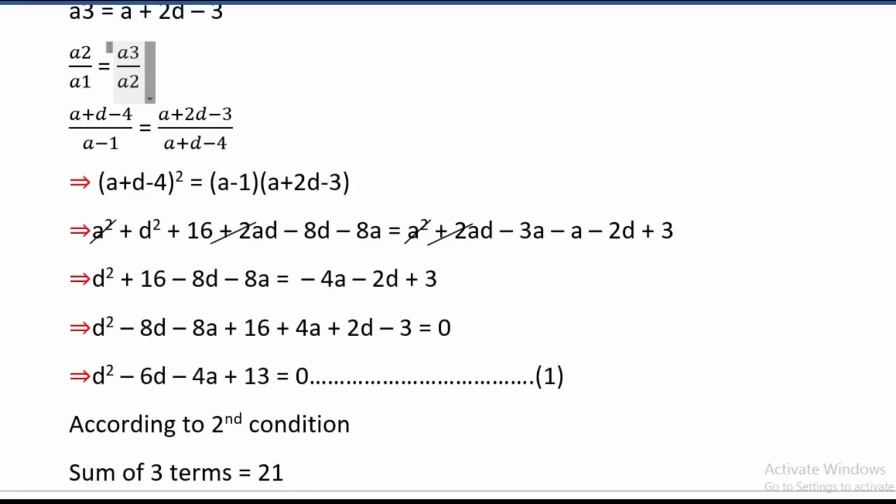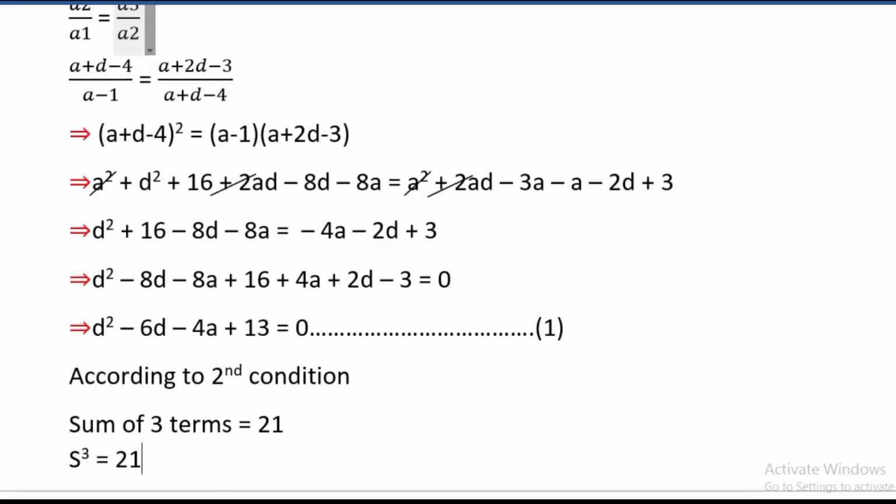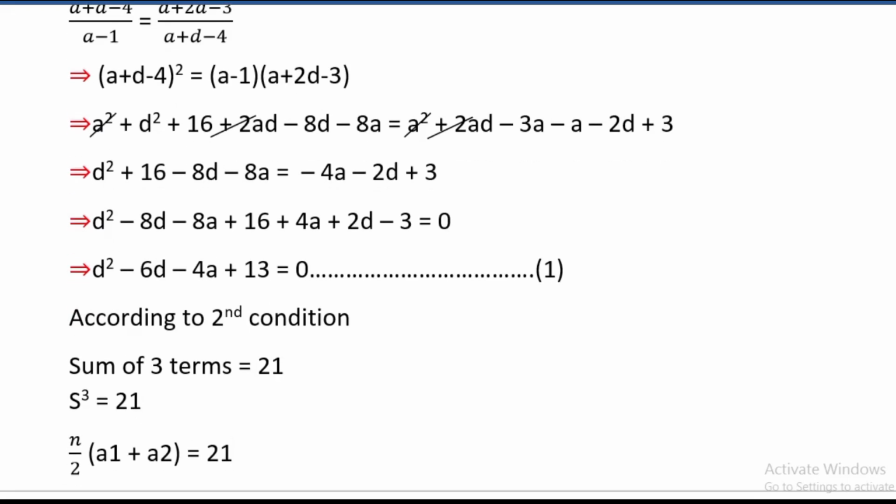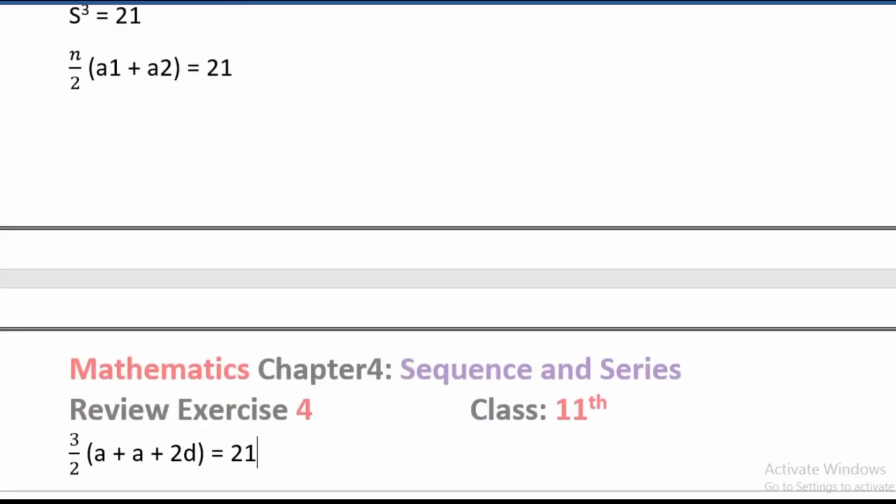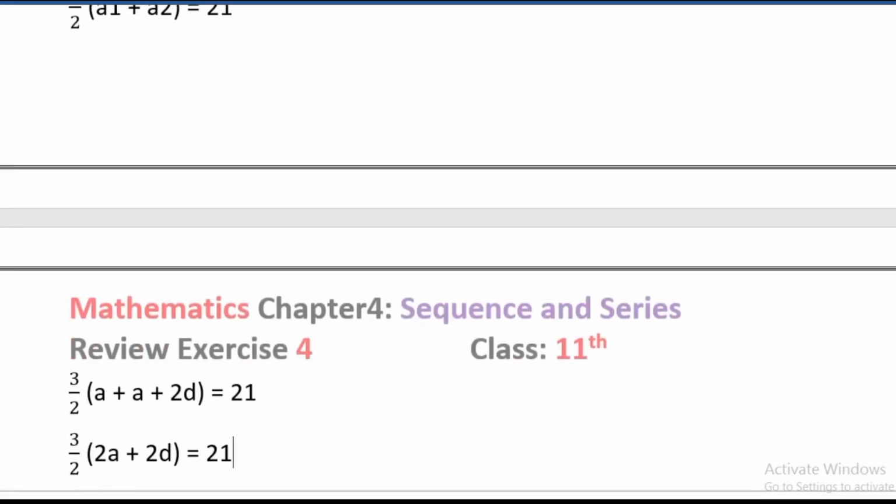According to the second condition, the sum of 3 terms is 21. So S3 is equal to 21. S3 can also be written in the form of n divided by 2 into 2a1 plus n minus 1 into d, or in simplest form a1 plus a2 plus a3 is equal to 21. By putting the values, a plus a plus d plus a plus 2d, that is 3a plus 3d, is equal to 21.